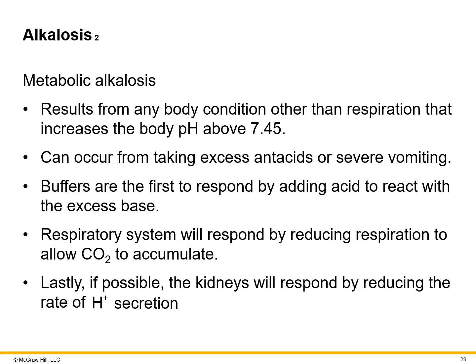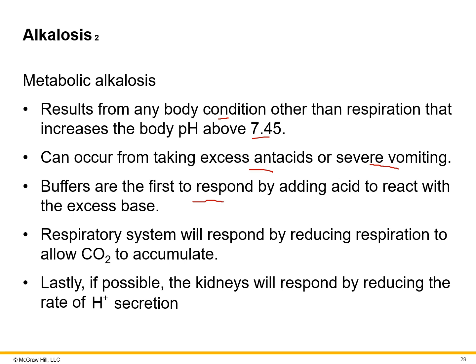So again, metabolic alkalosis, this is from any body condition other than respiration where we're increasing the pH above 7.45. Like excess antacids or severe vomiting due to illness, or especially in cases of eating disorders. These buffers are the first response, as with acidosis, to react with those excess bases.